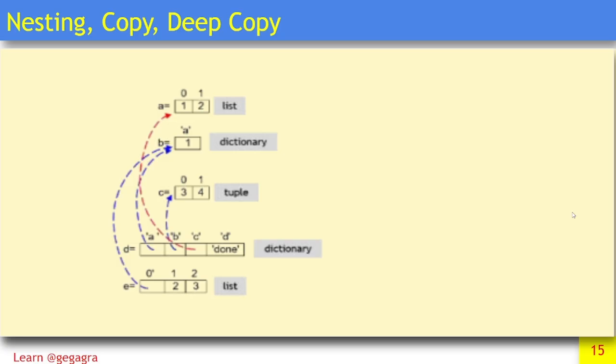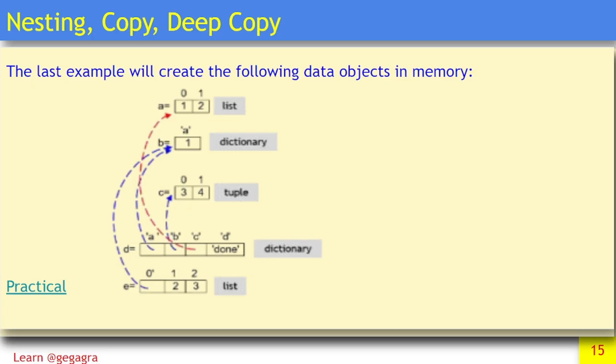Move ahead. If you want to understand this concept, go through this image which I have embedded within this slide, and now I am going to take you to the practical aspect of this nesting and copy through my Colab notebook.